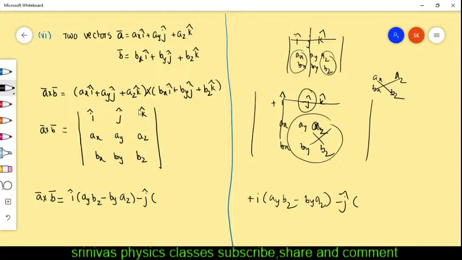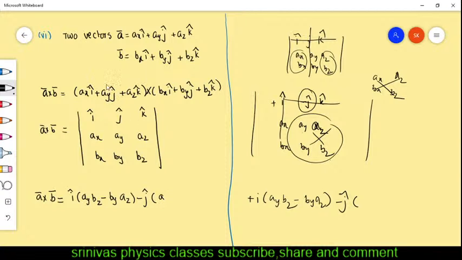That means you have to close the j column and j row. Then you will close these two with your fingers. The remaining here two are there, here two are there. So for that you have to find the determinant.